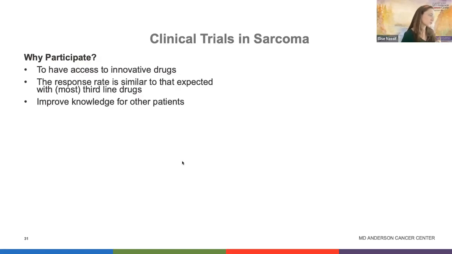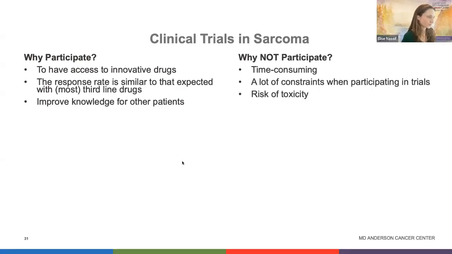And I say most because there are some histologies that are very responsive to standard of care drugs, and you do need to discuss this with your oncologist. But after 1 or 2 lines of chemotherapy, clinical trials are a very valid option. And then, of course, when you're participating in clinical trials, you're also improving our knowledge for other patients.